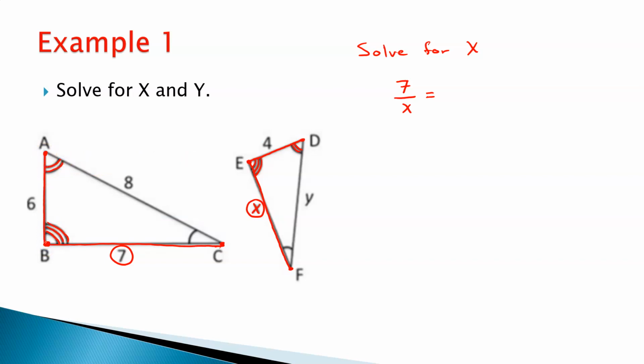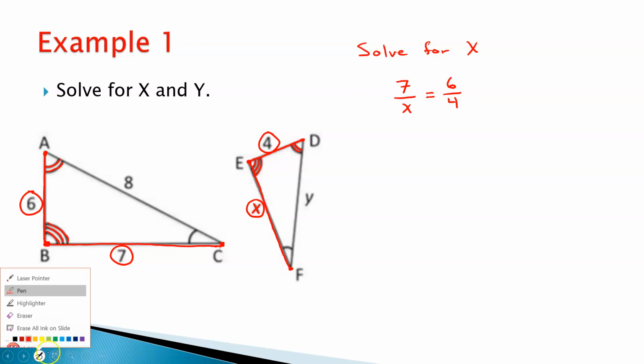These are the matching sides. So 6 and 4, and because we went 7 over x for the first fraction, I have to stay consistent. I'm going to say 6 over 4. If I'm using the left triangle first and then the right triangle, I want to keep that consistent.